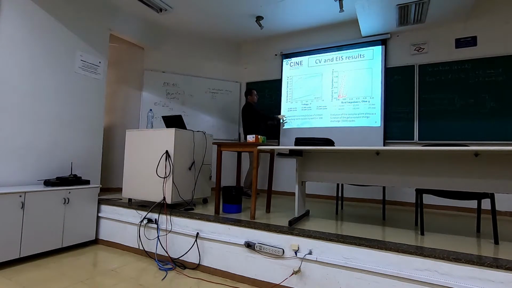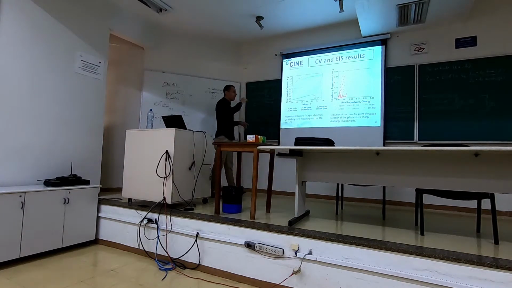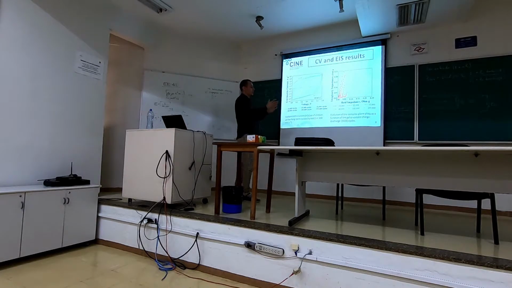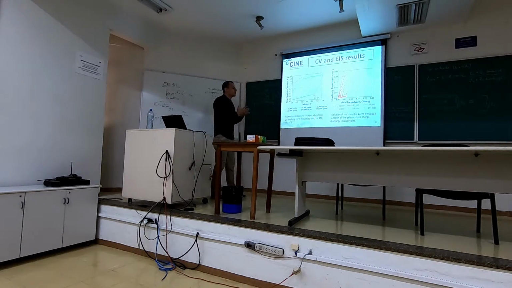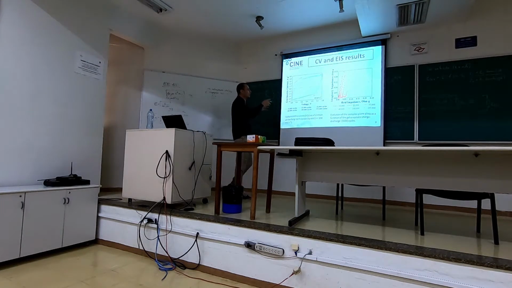Here, it goes from 10,000 cycles to 195,000 cycles. And on the right side, we can see the evolution of the complex plane plots as a function of the charge and discharge. In both cases, we can see that even after a lot of cycles, this electrode had a very good shape.